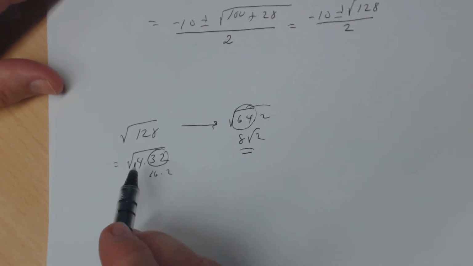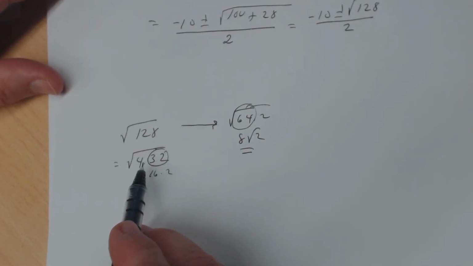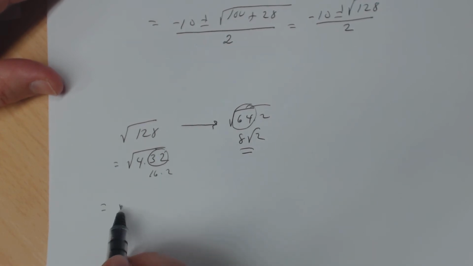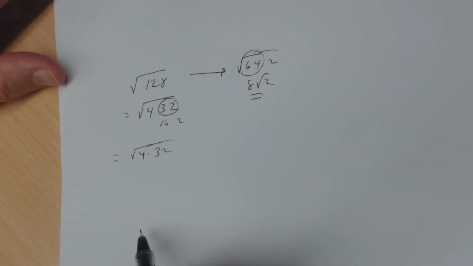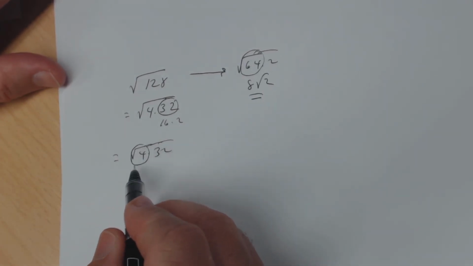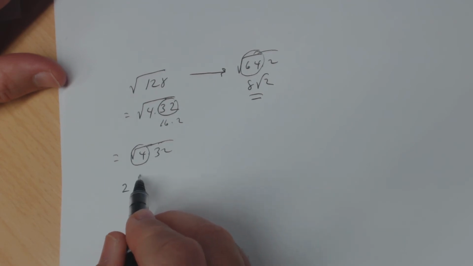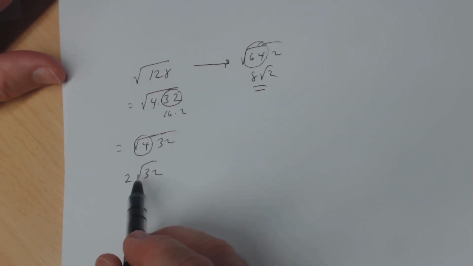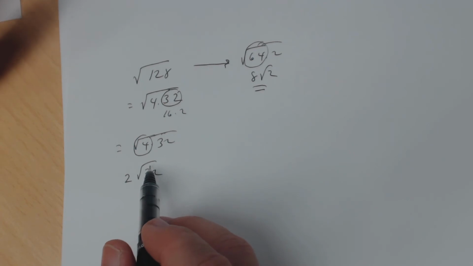Now, if you had just used 4, you would have done this. I'm just reminding you, you're going to have a little bit more steps to deal with versus if you had used the largest. So the square root of 4 is 2, so you get 2 square root of 32. But then you have to remember, not only does 4 go into 32, but also 16.